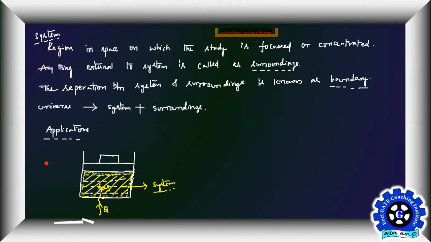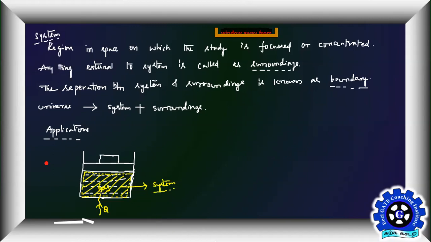Suppose the question is something like, consider both piston and gas as your focus of study. What will you take as your system? Come on, man. In that situation, what is your system?